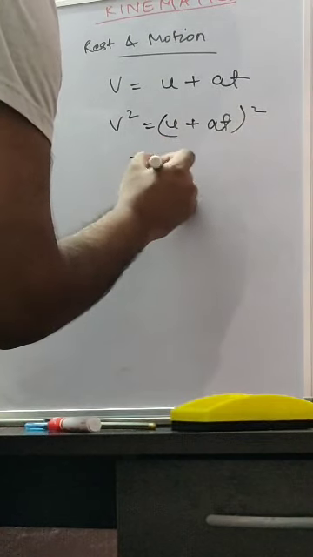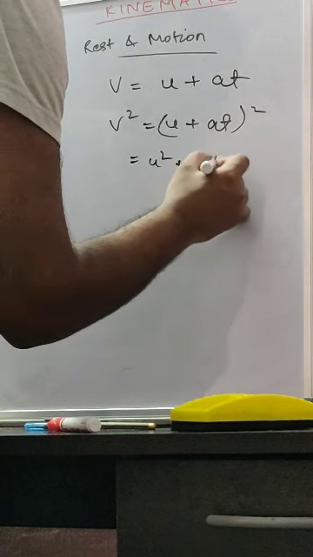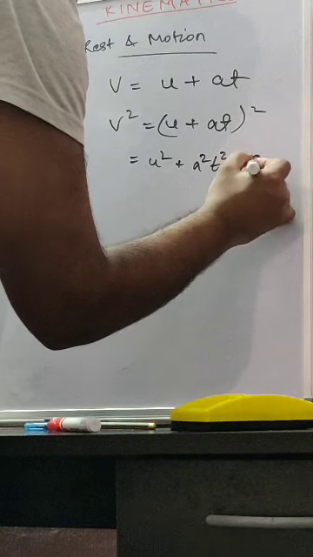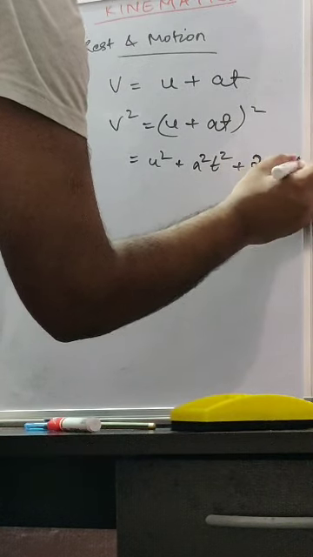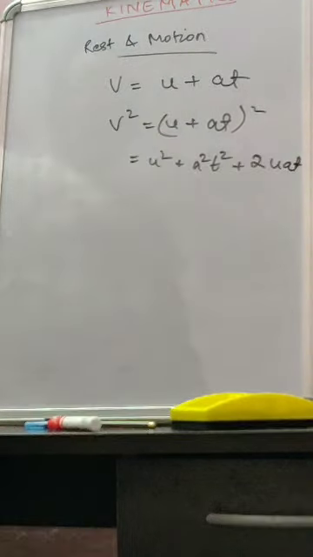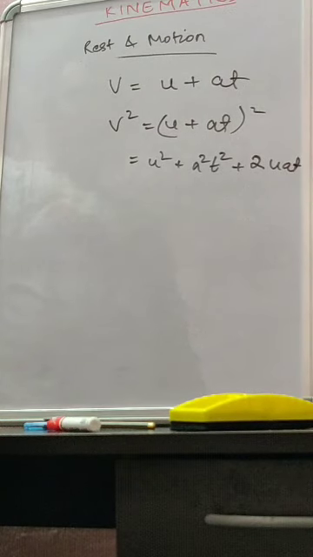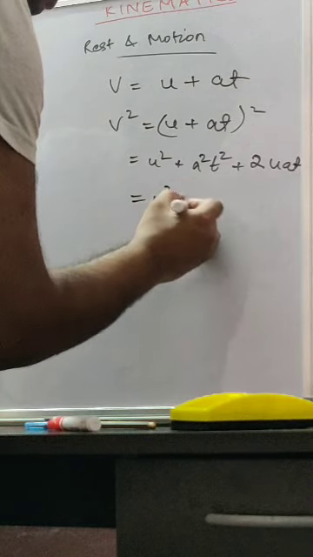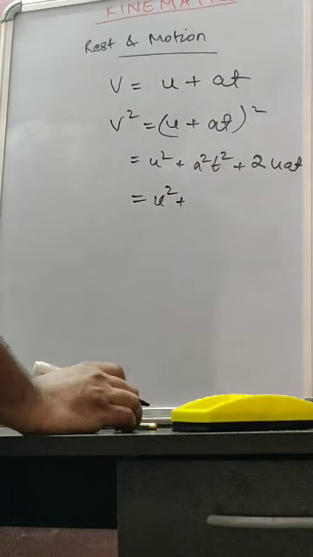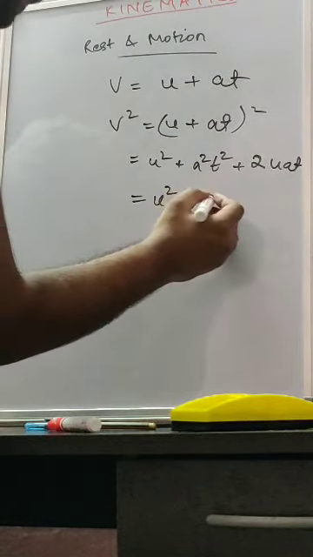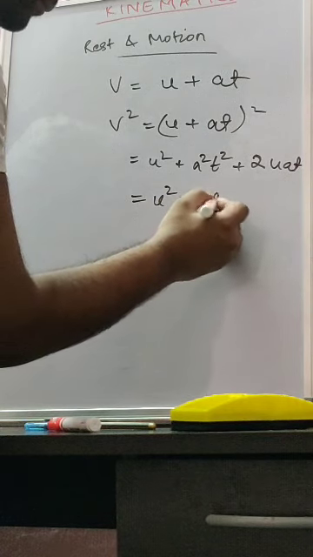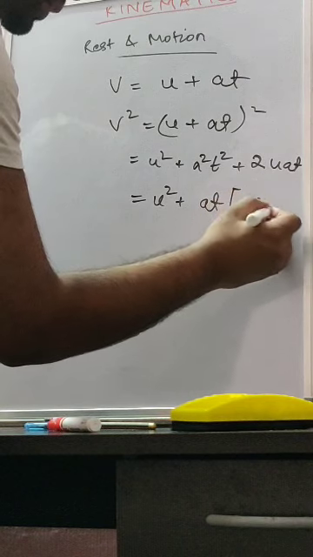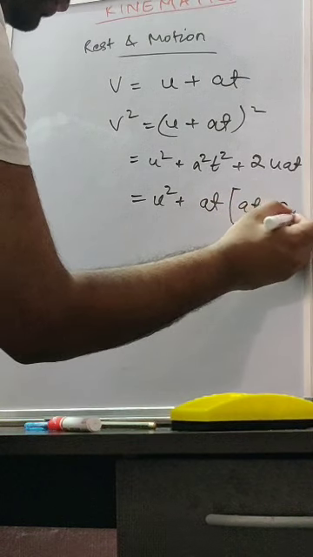This becomes u square plus a square t square plus 2uat. Now, what can we take common? This becomes u square plus at into at plus 2u.